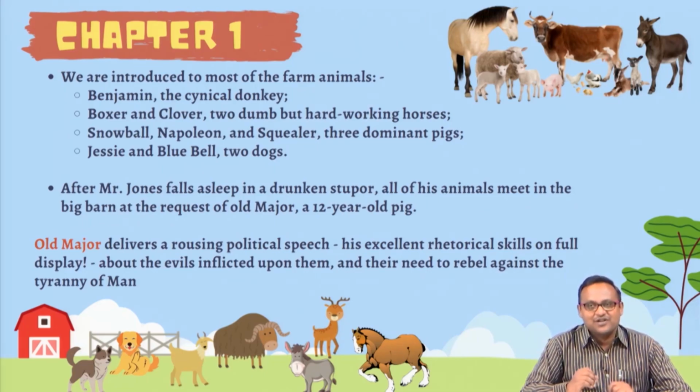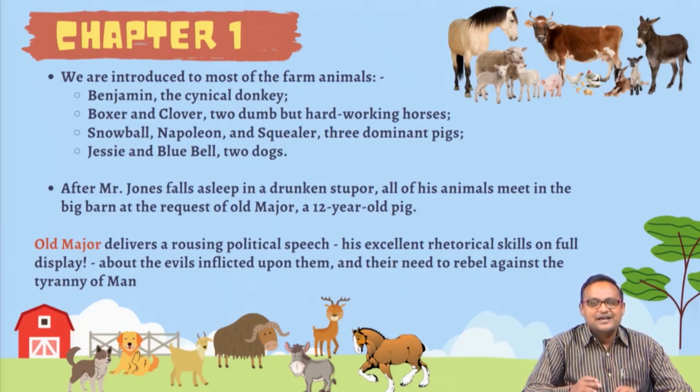Now, what happens when the novel begins? Mr. Jones is a very irresponsible farm owner. He drinks a lot, and he does not take care of the animals, and all the animals are really upset with him because he tortures them and does not take good care of them.